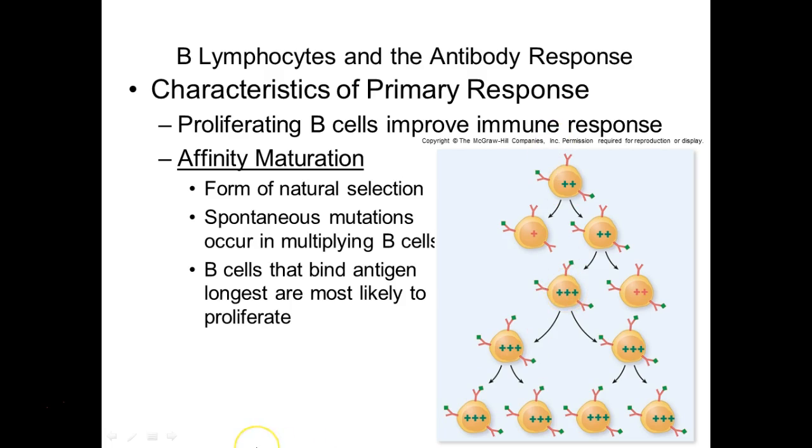This process of just tweaking their DNA ever so slightly, mutating it so that hopefully they get a better fit, a better binding, is referred to as affinity maturation. So these are little small spontaneous mutations purposely done to hopefully get a better binding to the antigen.